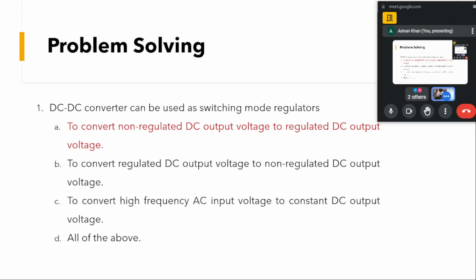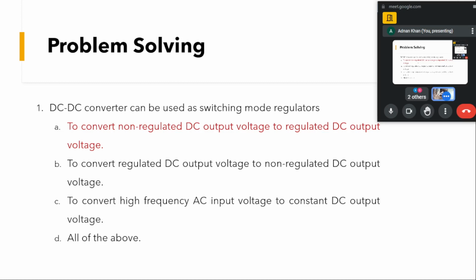Besides this, we need DC-DC converters because at the output we want a certain voltage. For the buck operation, say we have an input of 100 volts and we need an output of 70 volts at all moments, at all loading conditions.